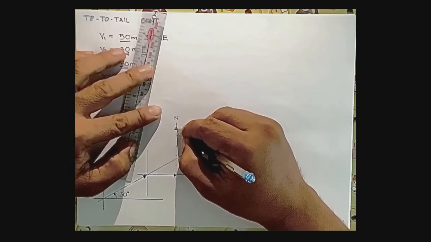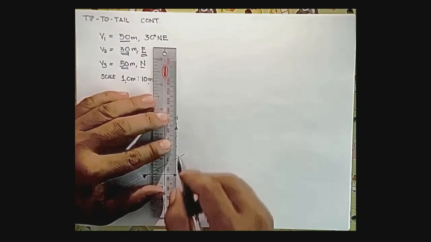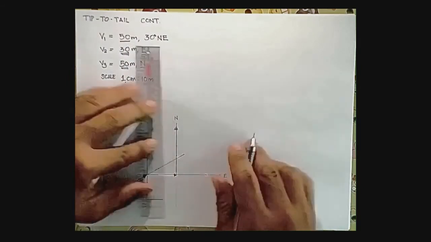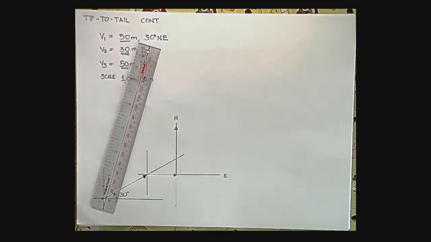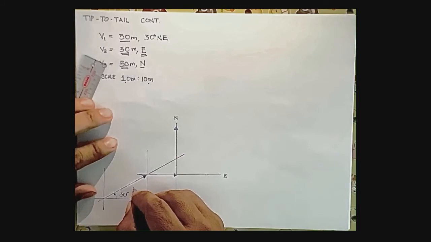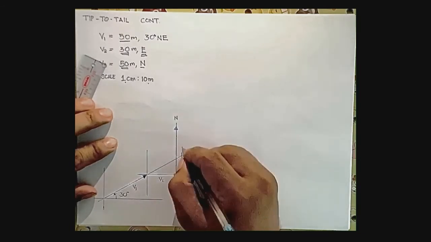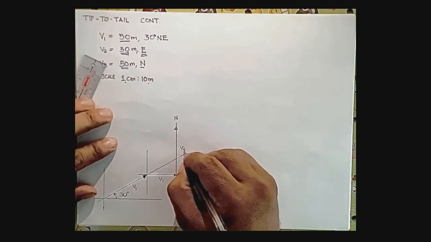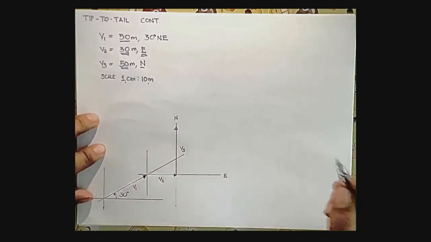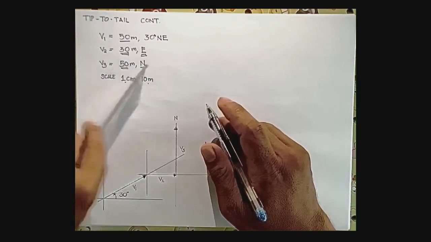So again, the tail of the last vector is connected to the previous vector's tip. So the tip of the second vector is connected to the tail of the last vector. So that's vector 2 and that's vector 3. So this is again the tip to tail method in adding vector quantity.